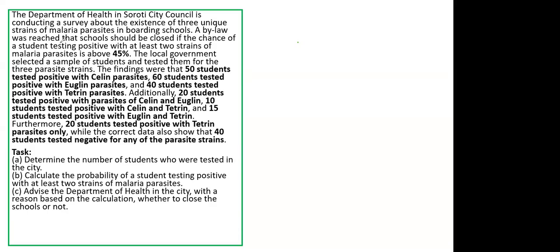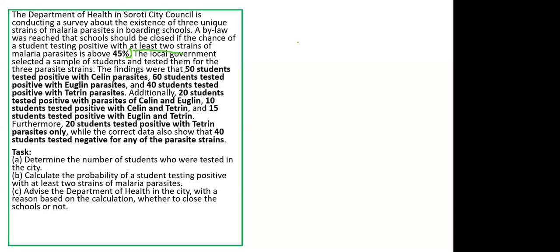A bylaw was reached that schools should be closed if the chance of students testing positive with at least 2 strains of the parasite is above 45%. The local government collected a sample of students and tested them for the 3 parasites.